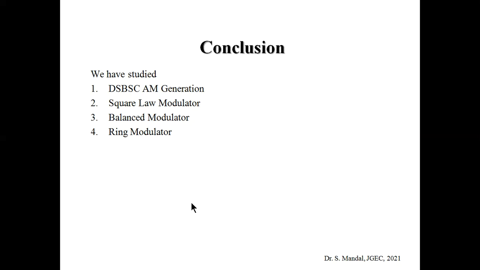two diodes connected in parallel with a center tap transformer. But we can see that in that scenario, it is balanced only with respect to the carrier term. There is no carrier term in the output, but the modulating signal is present in the initial equation of the balanced modulator.